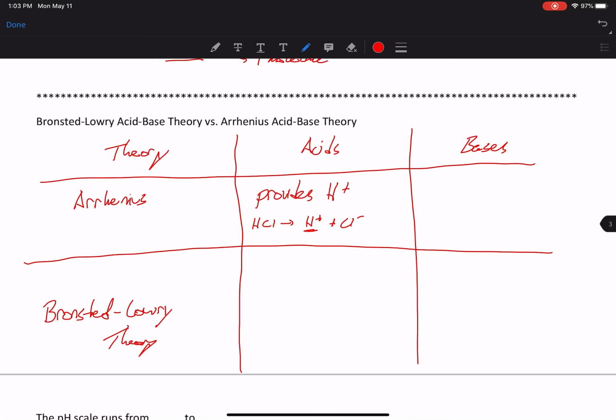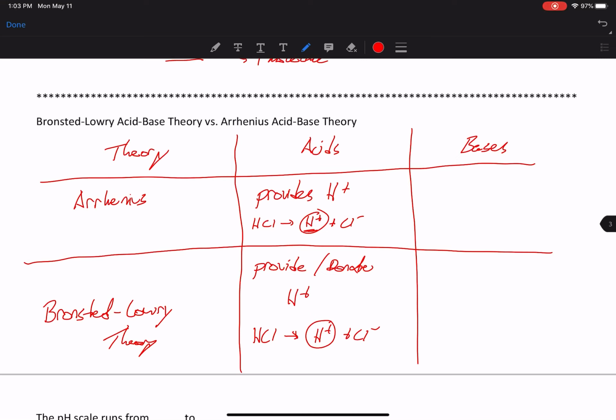Now a Bronsted-Lowry acid, it's the same thing. So it's going to provide, we also say donate, H+ ions in solution. So again, something like HCl, this breaks apart into H+ and Cl-, and so these H+ ions, they tell you that you have an acid.